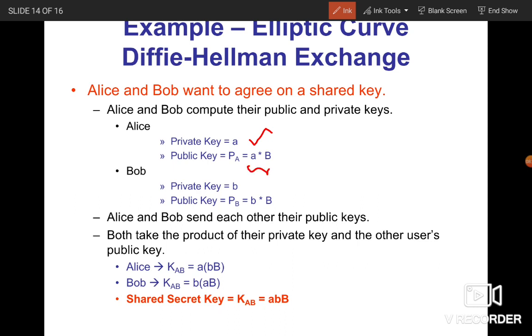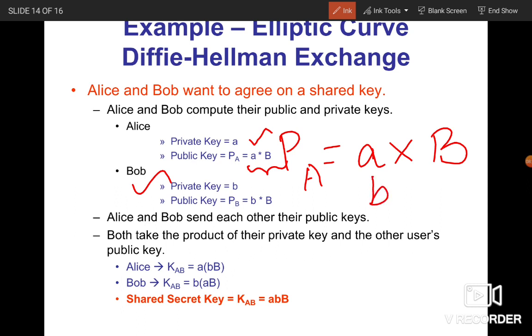By using the private key and multiplying it with the base point, we compute A's public key. Similarly, B chooses her private key, and this private key is multiplied with the base point. Thus, she calculates her public key.